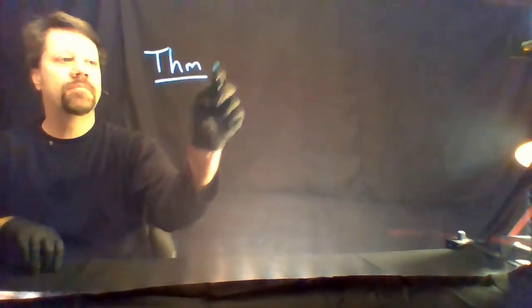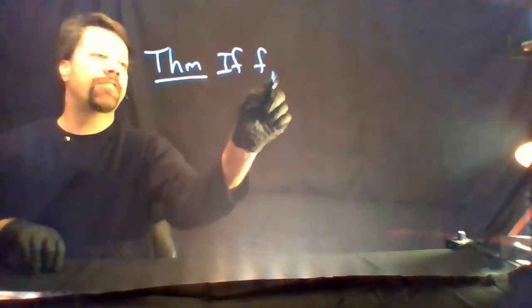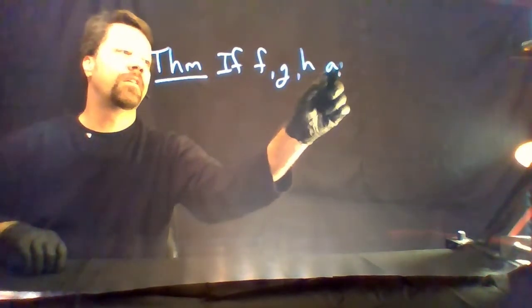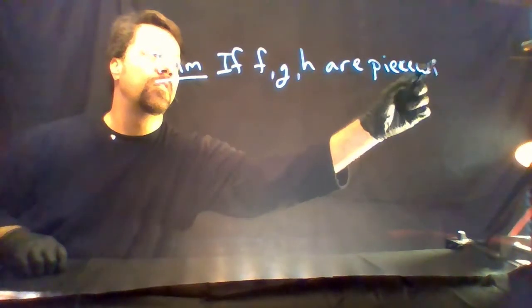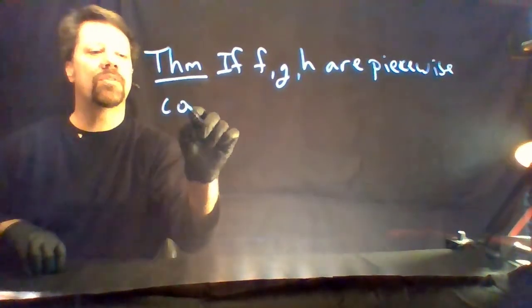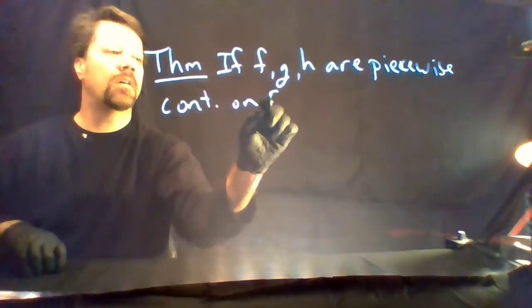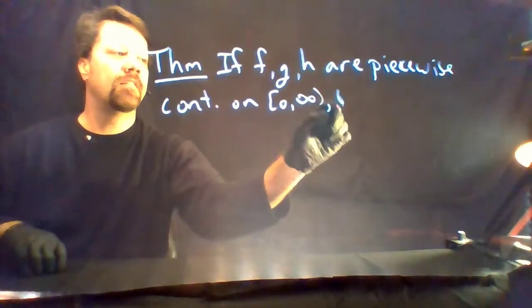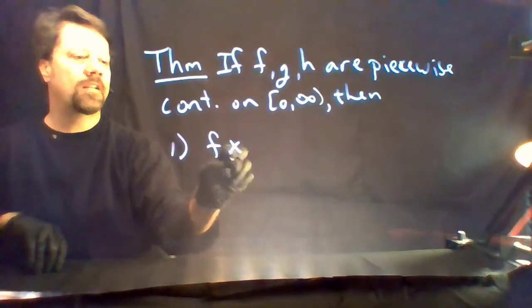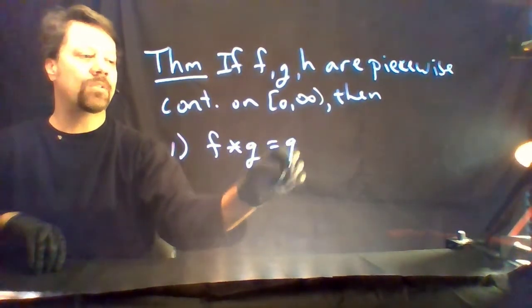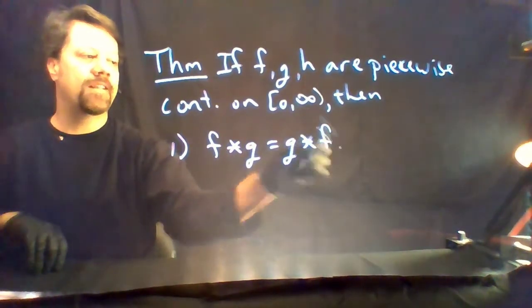First, I would like to have a theorem. If f, g, and h are piecewise continuous on the interval 0 to infinity, then 1. f convolved with g is equal to g convolved with f.